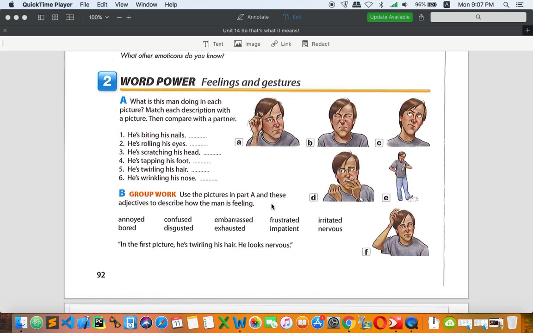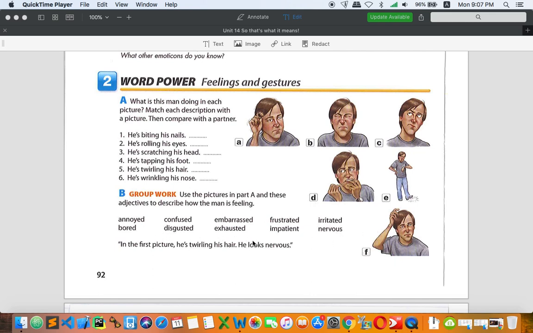These are very popular words, so you need to be careful, because they might appear in your exam. So what you have to do right here is just match the pictures and use the adjectives to describe how this person feels in each picture.